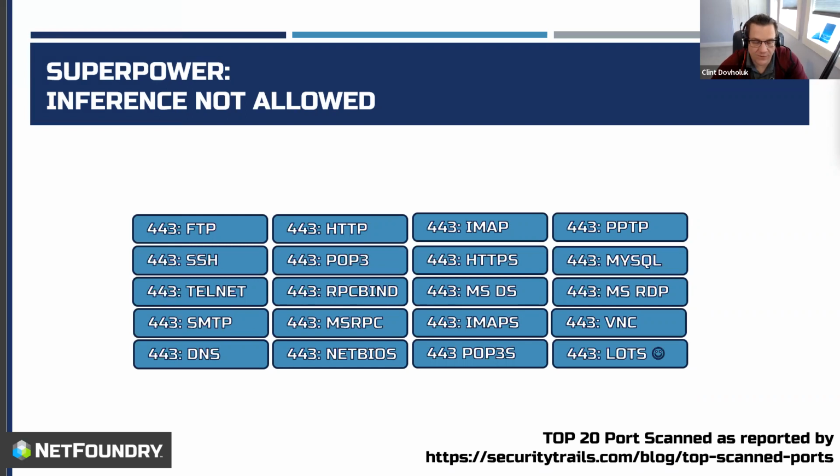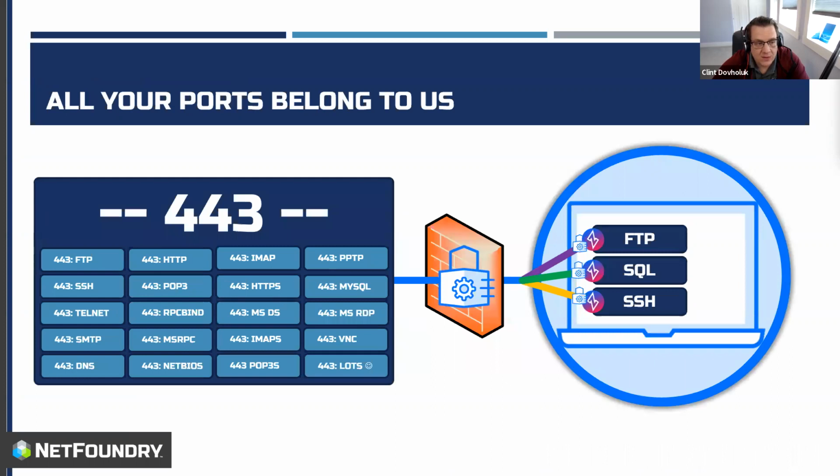In this case, we're using port 443 because that would be a really good port to use. It's ubiquitous. It's everywhere. You're not even surprised when you find port 443. We talked about the HTTPS anywhere, automatic upgrades. This is so ubiquitous, everybody expects to find port 443. So by synthesizing all of those ports across one connection over port 443, we make this port inference impossible. You cannot know where your users are sending their traffic to by simply looking at the network.